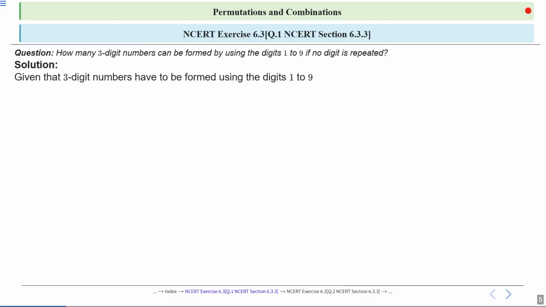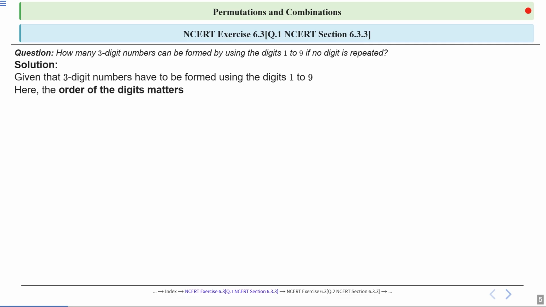Given that 3-digit numbers have to be formed using the digits 1 to 9. So we have here 9 digits to form 3-digit numbers. Let's find how many 3-digit numbers can be formed. Here, it's crucial to note that the order of the digits matters.